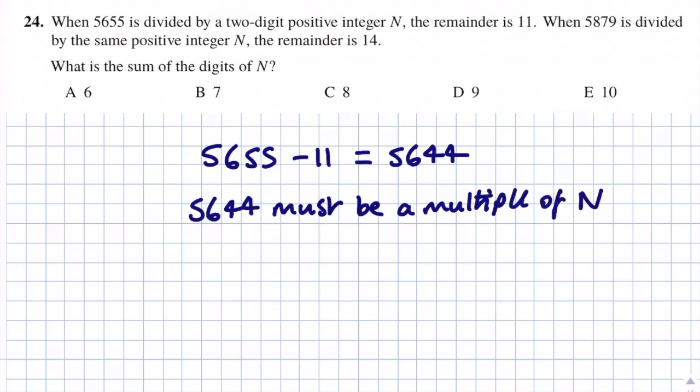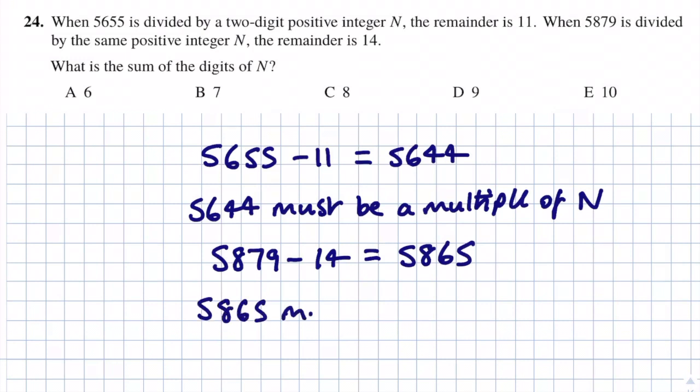Now we can say the same for 5,879. So 5,879 minus the remainder of 14 gives us 5,865. Well, 5,865 must also be a multiple of n.